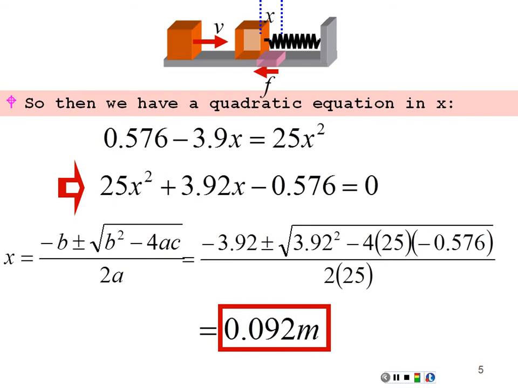When we had no friction, it went to 0.15 meters, and when we have friction, it only went to 0.092 meters. Kind of neat. That's the kind of problems you can do with conservation of energy, starting from the one equation, the rule of them all. Just set it up, put in what you know, and solve for the unknown.